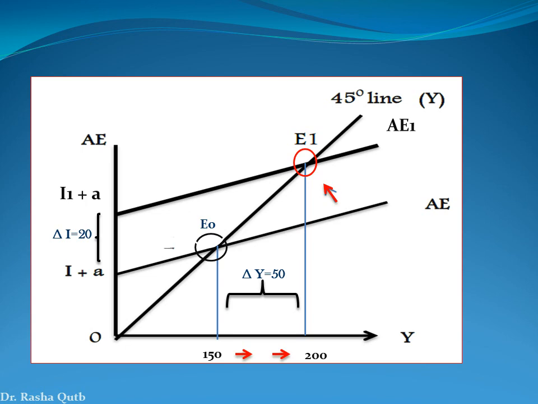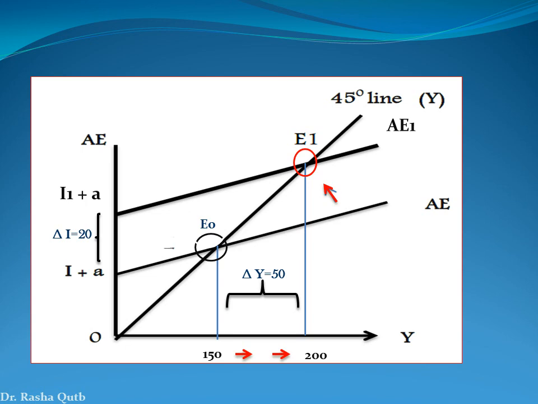From this graph, how can we calculate the value of the multiplier? There is another rule. The first rule in calculating the value of the multiplier equals 1 over 1 minus B. We can calculate the value of the multiplier from this graph and we get the same solution. The multiplier refers to the final change in equilibrium national income resulting from a change in autonomous spending by 1 unit.